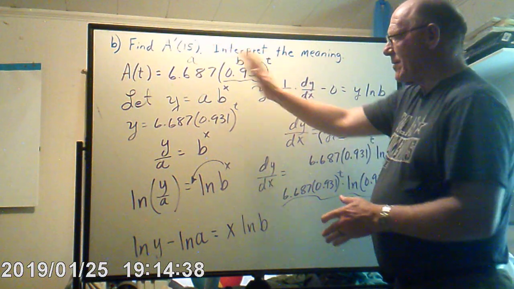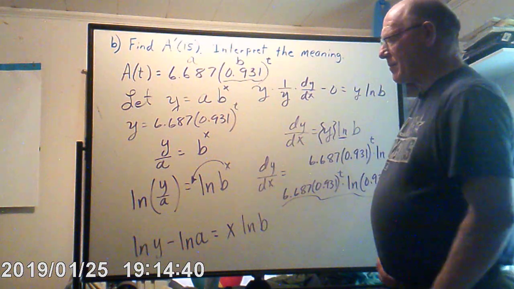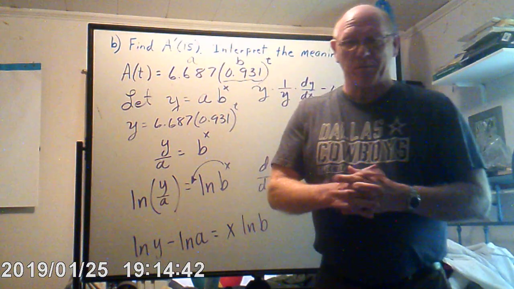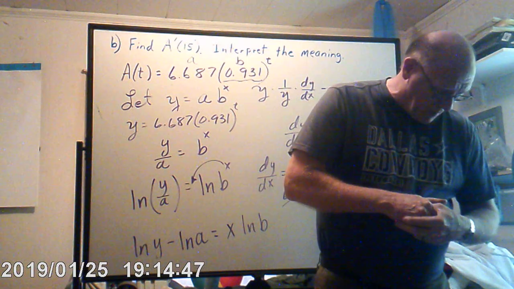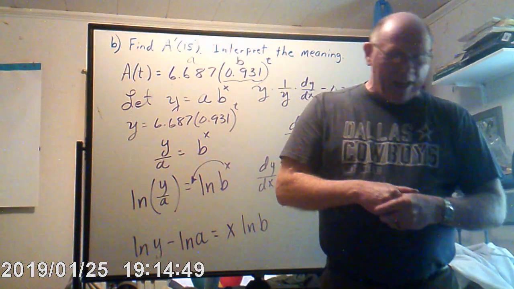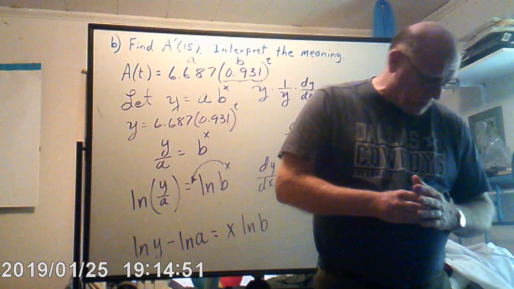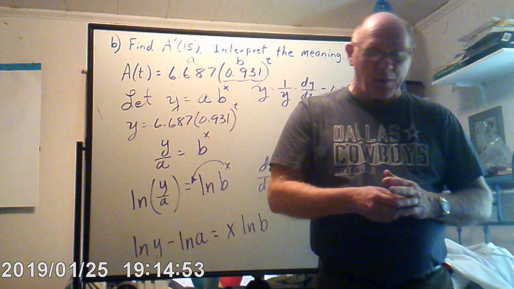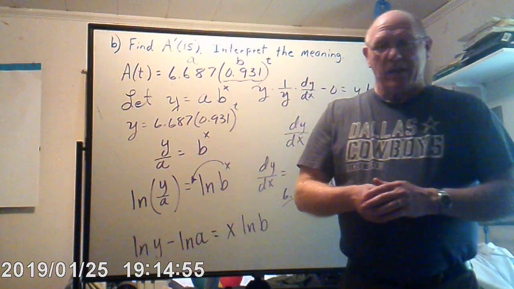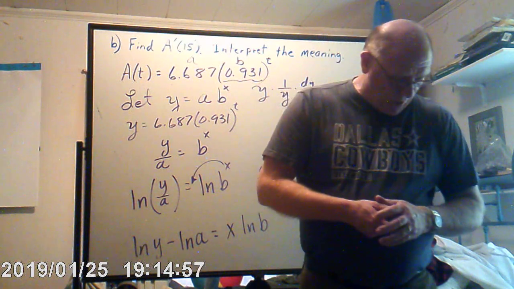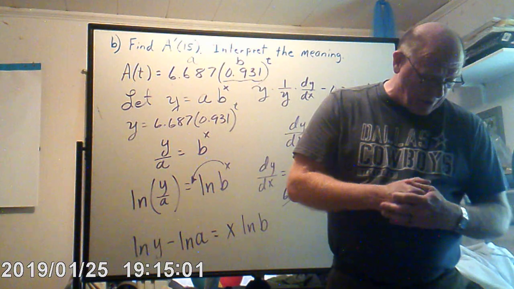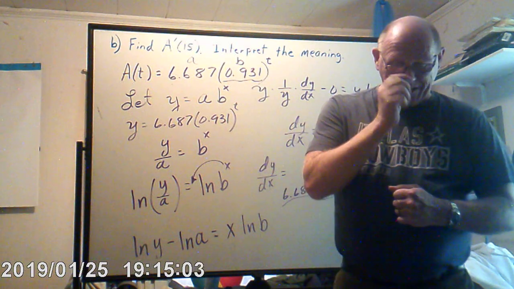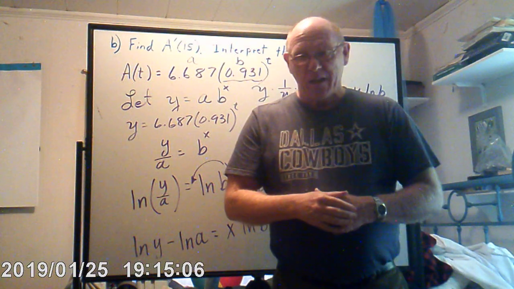I erased everything here, but that other way is so much better. That's all I'm going to do, because C is going to be a little bit long, and so is D. I might do C by itself and then part D by itself. It would take too long to do everything, so I'm just going to do C and D.